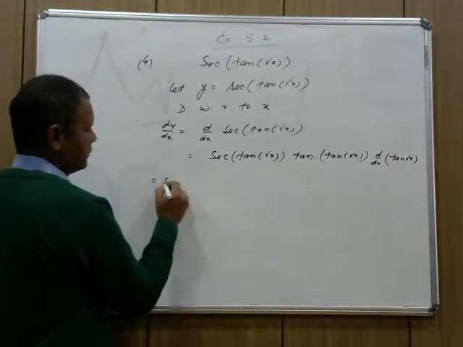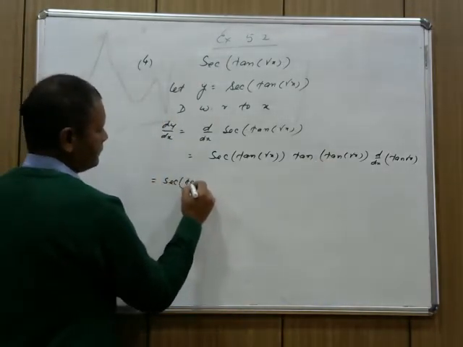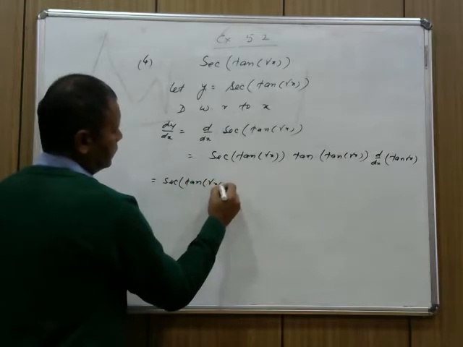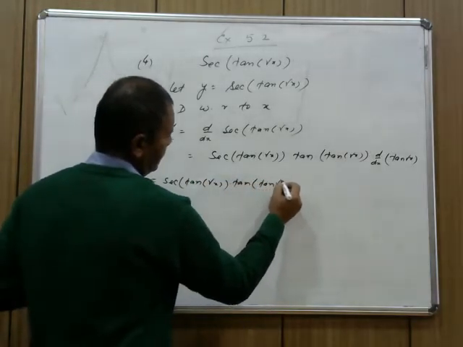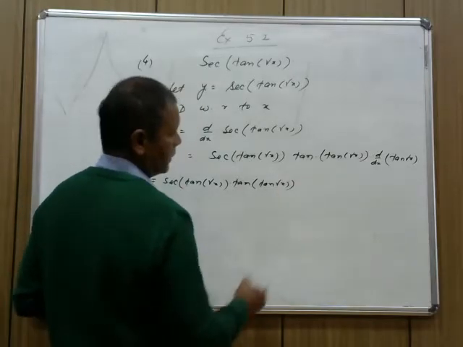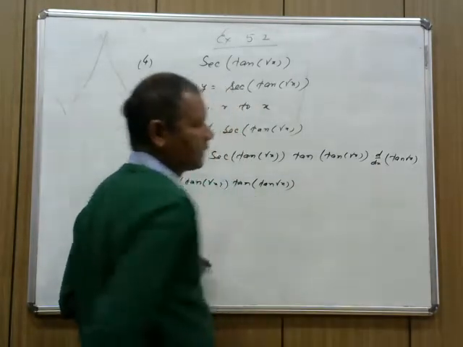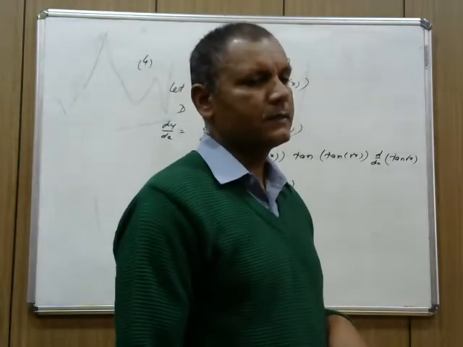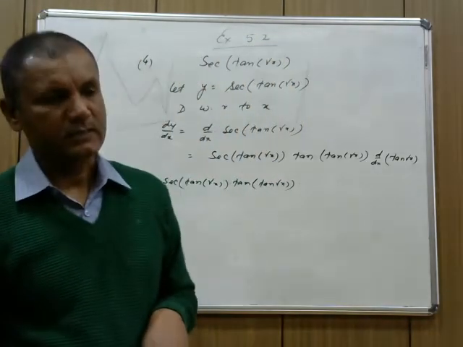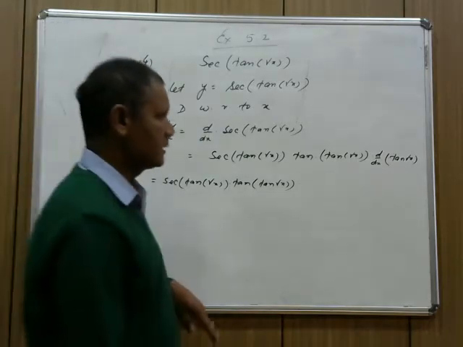This is equal to sec tan under root x into tan under root x into differentiation of tan x. Differentiation of tan x is sec square x.